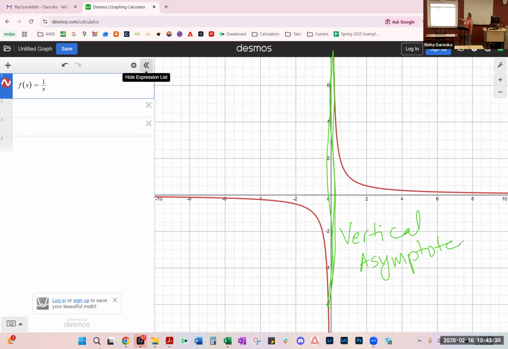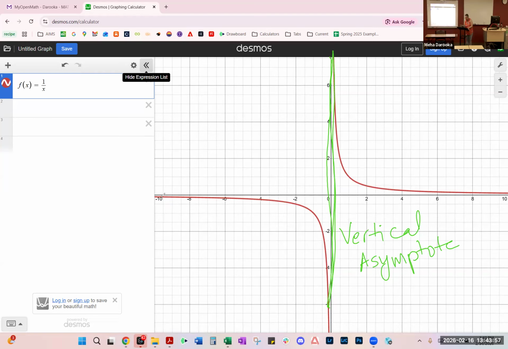You will notice the same kind of behavior happening near the x-axis also. So you will notice that this arm of our graph is getting really close to the positive x-axis, but same thing, it's not going to touch it. And same behavior on the left-hand side. This is, again, same thing like a vertical asymptote.